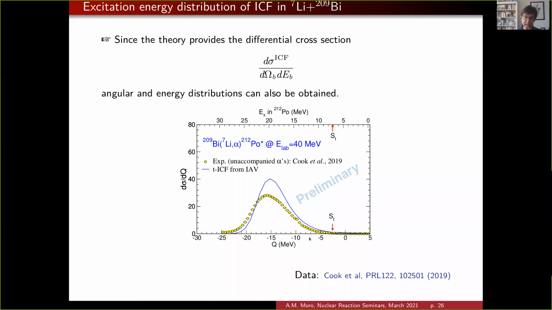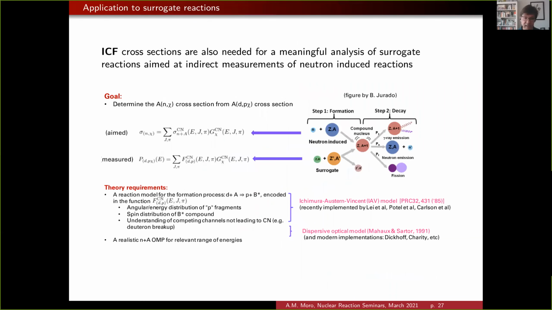So this is an indication that we can use these models also to predict energy distribution, even a spin distribution of the residual nucleus, and there are a number of applications for that. And this is the last thing I will show, but I will not explain this slide because I am over the time. This is a possible application that has also been addressed by different groups, the application to the so-called surrogate reactions, which is an indirect method to evaluate cross sections, for example, neutron capture reactions, using a surrogate reaction, for example, a deuterium-induced reaction that leads to the same compound nucleus.